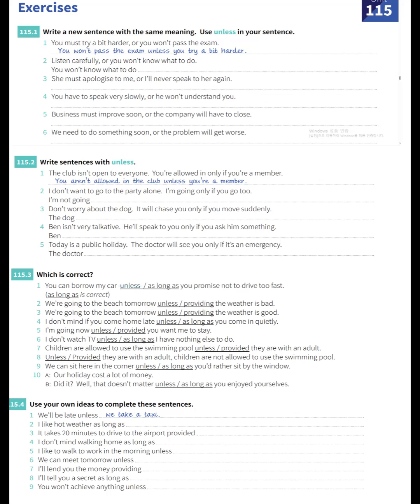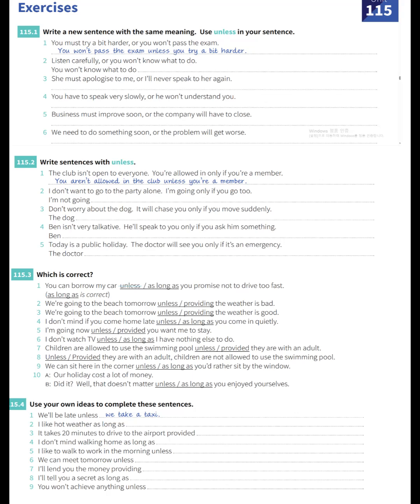Unit 116, right? What page is 116? I will find it. 244. Additional exercise is 32. Okay, so 32, let me see if I can find it.